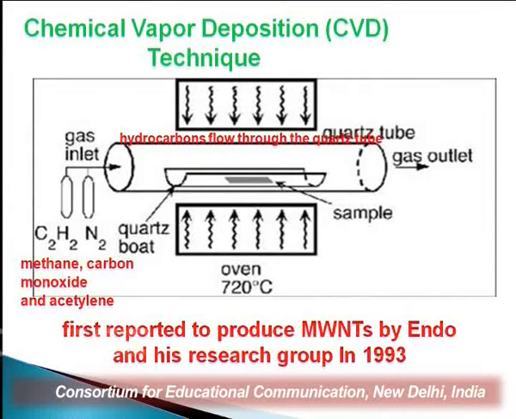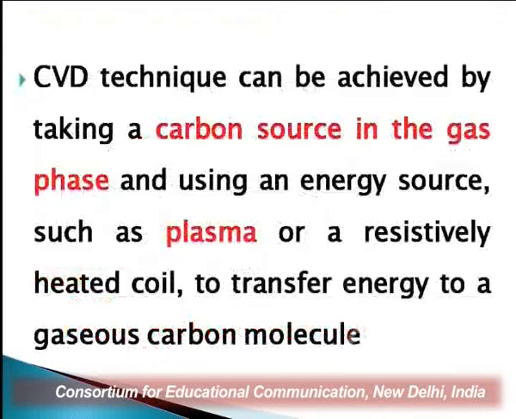Hydrocarbons flow through the quartz tube to the gas outlet, and deposition of the CNT is on the quartz boat. This was first discovered by Endo and his research group in 1993. He prepared multi-wall carbon nanotubes by using the chemical vapor deposition method.